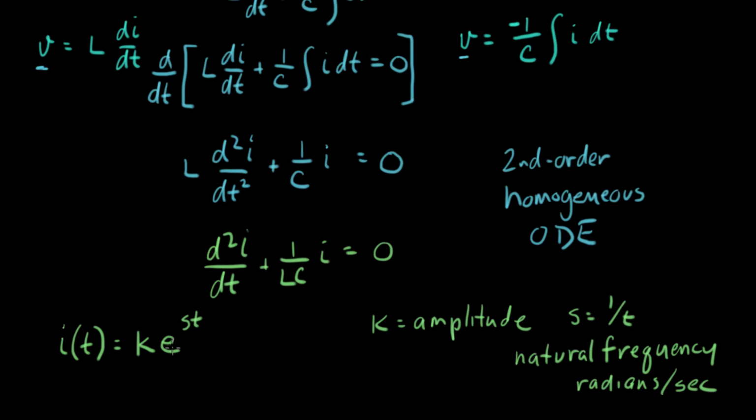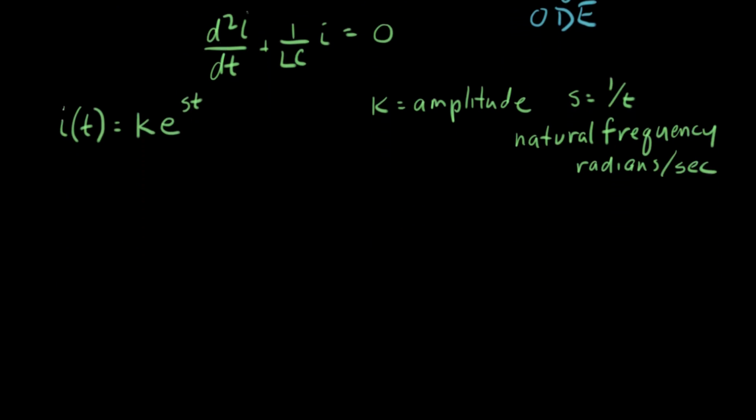So let's keep working on this. We're going to plug I back into our equation and see if it works. We need the second derivative of I. So let's first take the first derivative: d dt of I equals d dt of k e to the st, and that equals k times s times e to the st. So it's also an exponential.